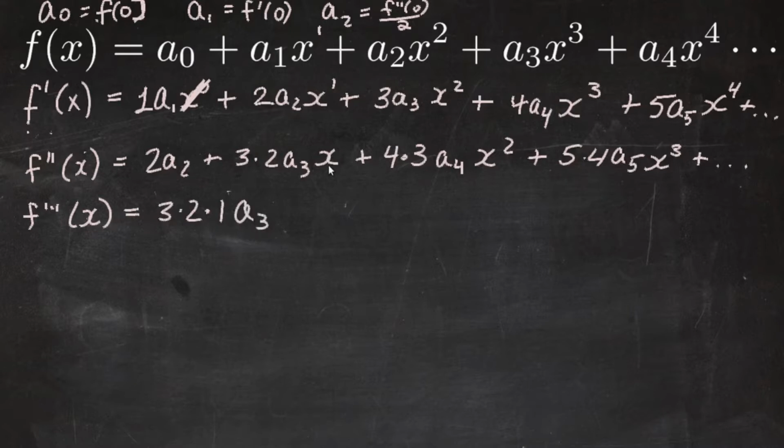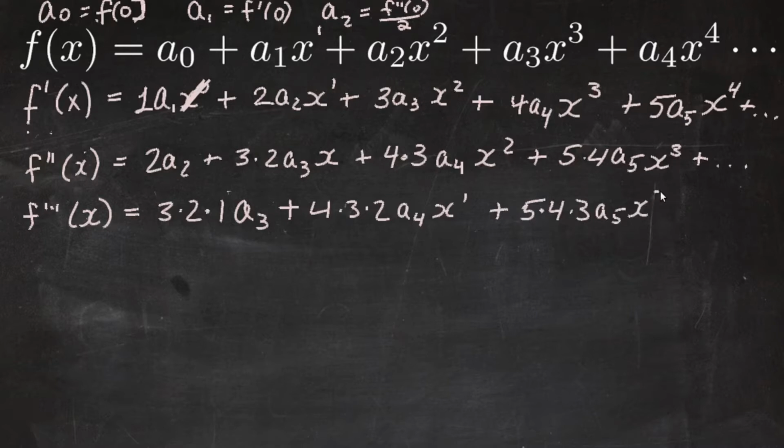Times a3, x to the 0 is 1, plus 4 times 3 times, bring down the 2, 4 times 3 times 2, times a4, now I lower the power by 1, that's my power rule, x to the 1, plus 5 times 4 times, I bring down this 3, you see the pattern here, times a5, x to the, lower the power by 1, 2. So I have constant, linear, quadratic.